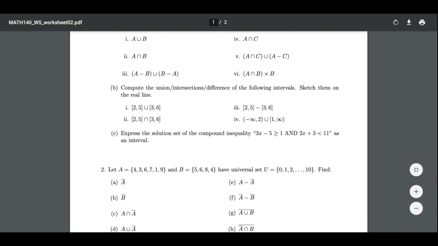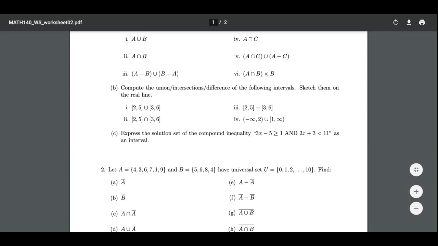Samisha, do you want to try this one? 2 to 5, so the interval of 2 to 5, subtract 3 to 6. That means those numbers in 2 to 5, but not in 3 to 6. This one is a tricky one. You know what? I'll open this one to everybody. You can type in the chat.